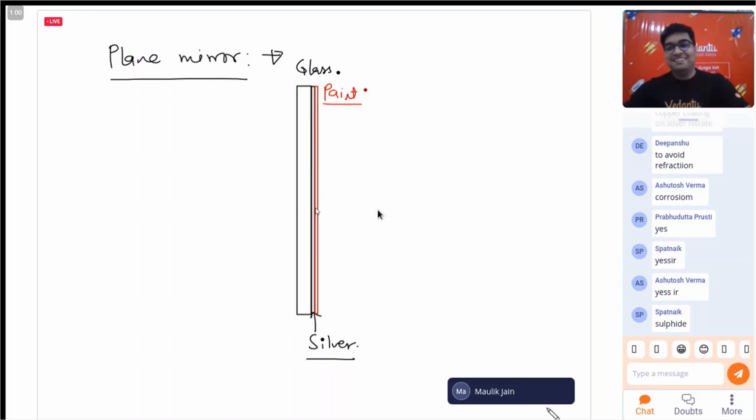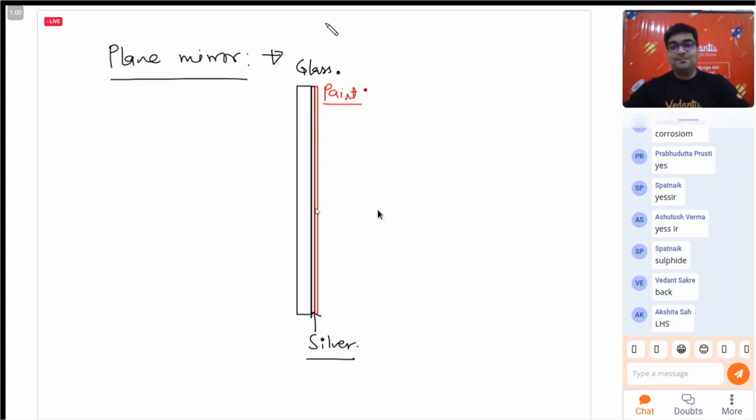Yes sir. Cool. Now, when light comes, from which part of the mirror do we get a reflection, or should I say more reflection? There are three parts, right? So which part reflects the light more? When light comes like this, there is obviously some reflection from the top.